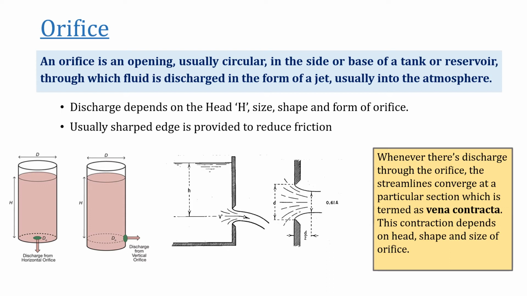The different classifications of orifice we are going to see in the next slide, and one of which is the sharp edge, which is provided in order to reduce friction.